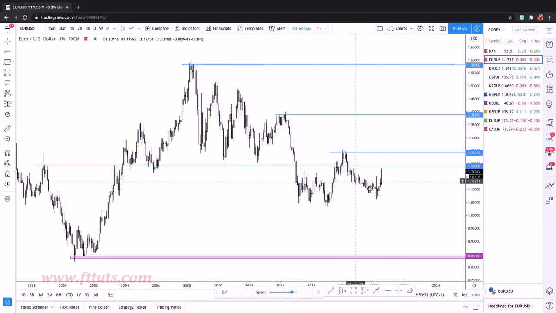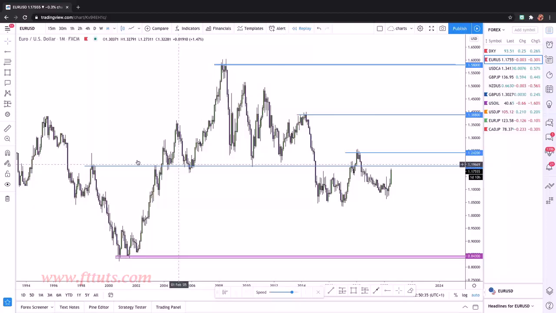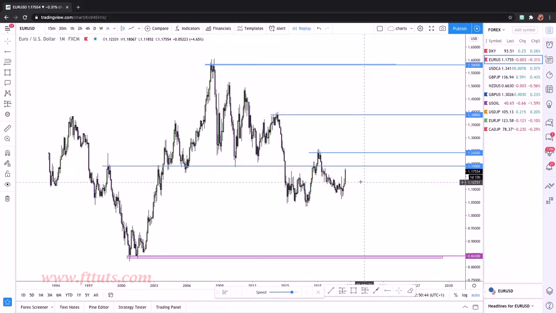So this is a major zone. The more times price tests a zone, the more valuable it is. So that's what's happening right now.